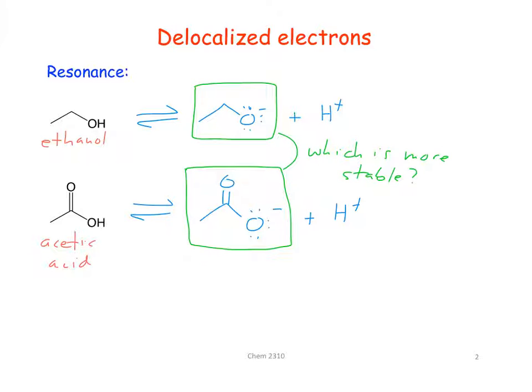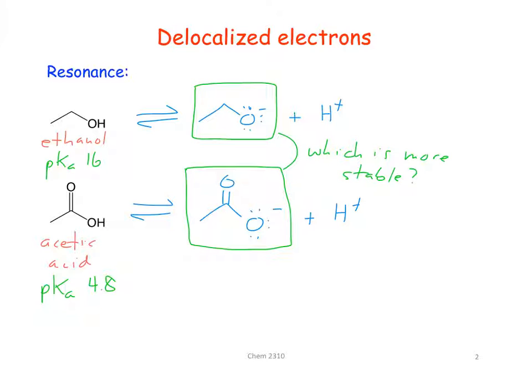We can also get a representation of the acid strength if we look at the pKa's. The pKa for acetic acid is about 4.8, and the pKa for ethanol is around 16.